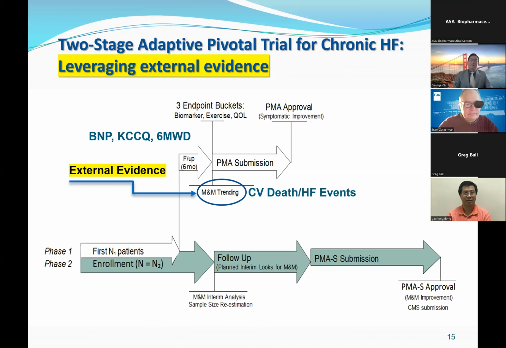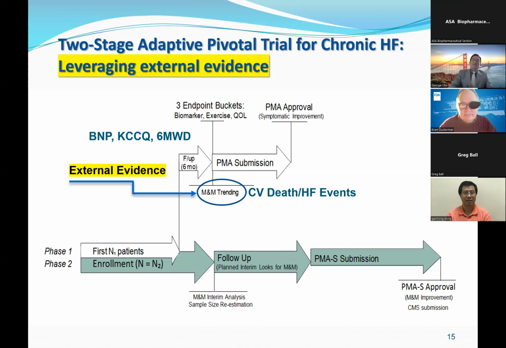Because at that time point, some of the patients have longer follow-up and probably already have such an event, and some of the patients do not. So based on the correlation structure built into the predictive probability, we get some feeling about it.